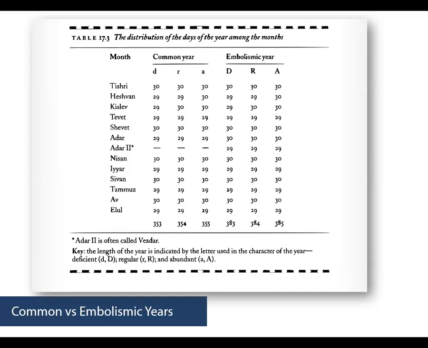And then there is a key to the letters used in the character of the year. So there was a deficient, a regular, and an abundant. And based on the distribution of the days, you'll see that some have quite a few more days of the year than the common year, because we have added that whole extra 30-day month.